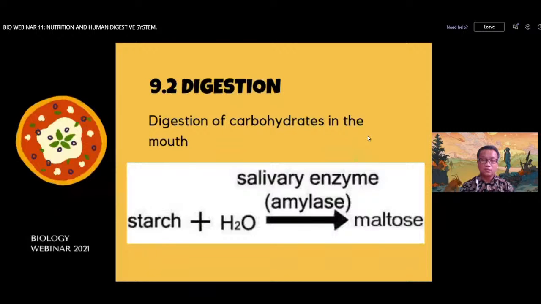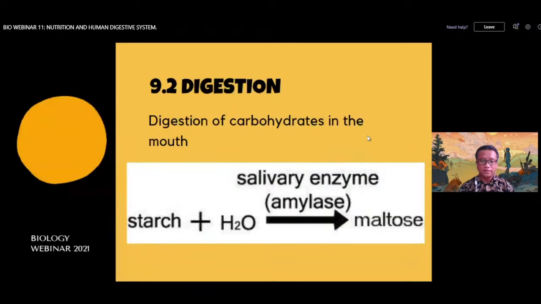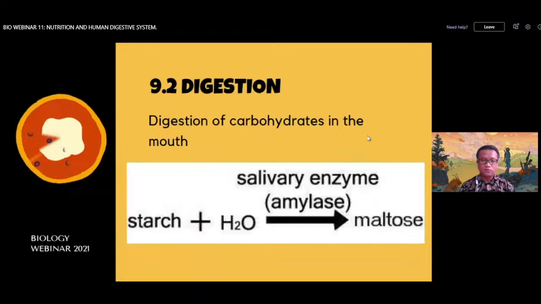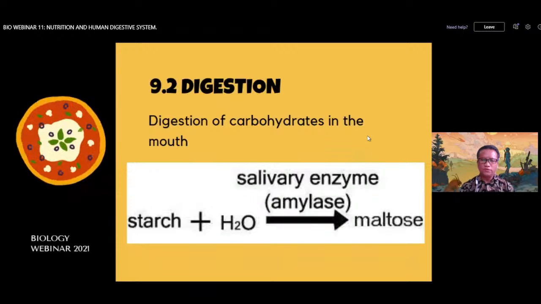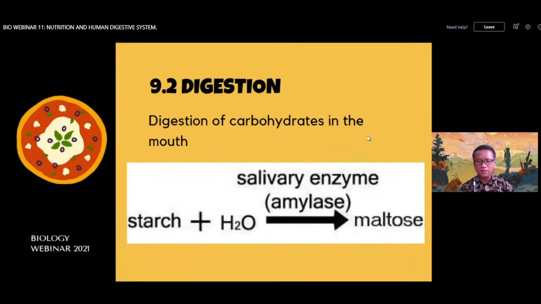Carbohydrate contains starch, and when the starch is hydrolyzed, that is, added with water, and with the help of amylase enzyme from the saliva, it will break down into maltose. Hopefully all of you still remember which type of carbohydrate maltose belongs to.